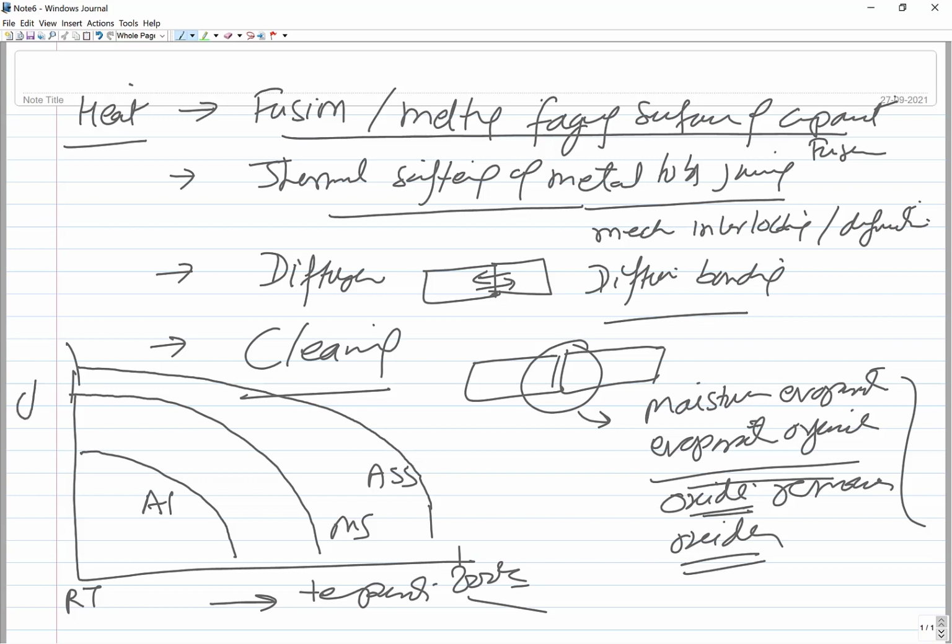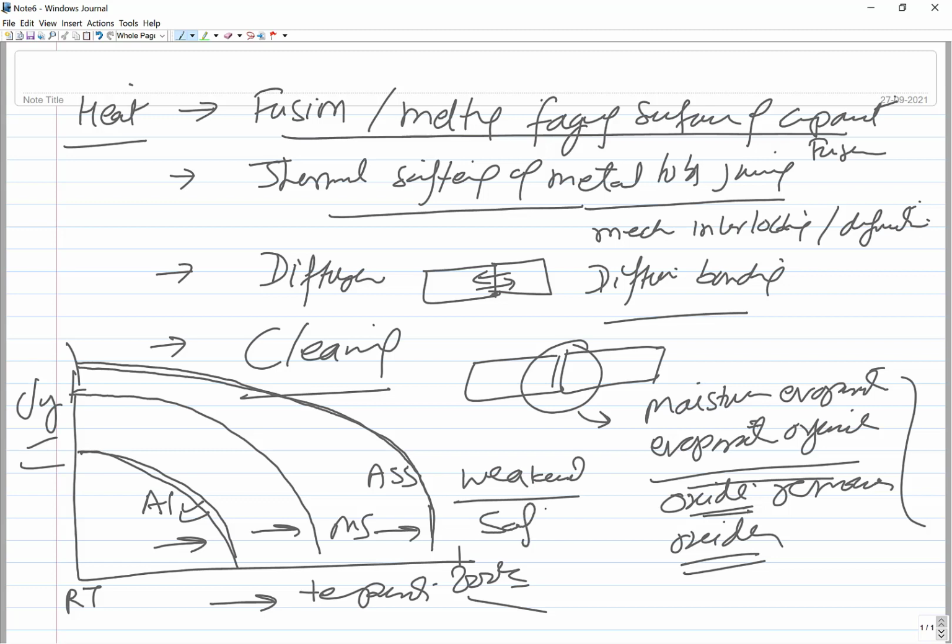So say this is an example of ASS. The point is the yield strength. A few metals soften very rapidly, a few will resist the softening a little more. If the yield strength is high, the metal is hard; if the yield strength is low, the metal is soft and of low strength. Because of the rise in temperature, all metals will be weakened or softened.